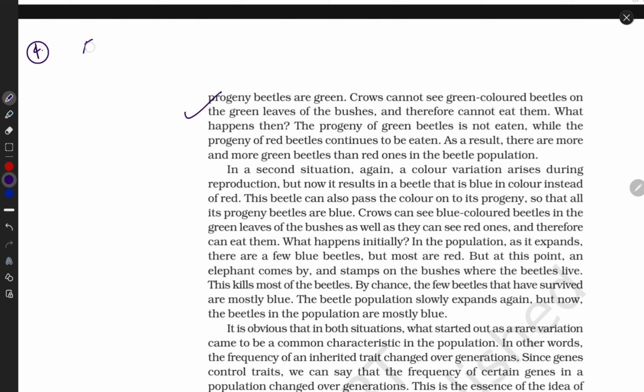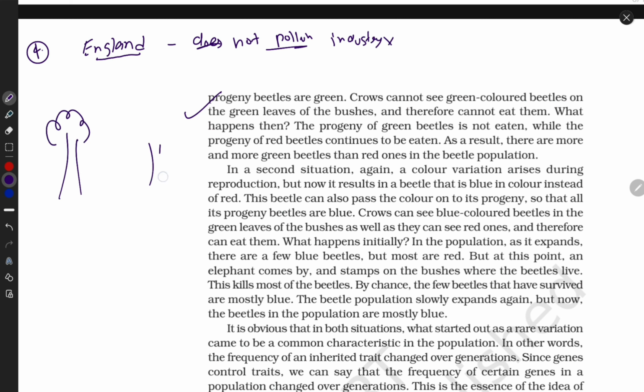One time, England was a non-polluted zone, no industry, nothing. There were two types of beetles present, like butterflies. Some are white.